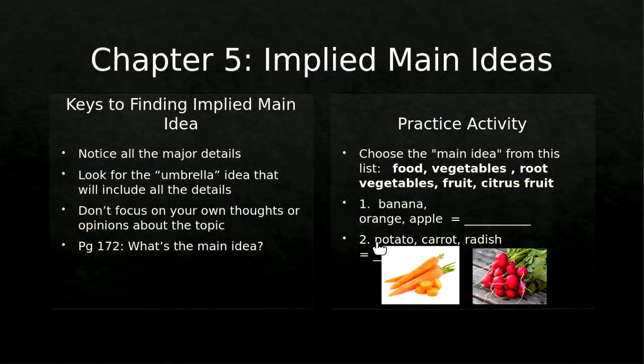We're trying to find, if I have these 3 major details, it's going to be in the main idea. And these are your choices up here. So I want you to answer. Oh, go ahead, T. What do you think, T? Vegetables?